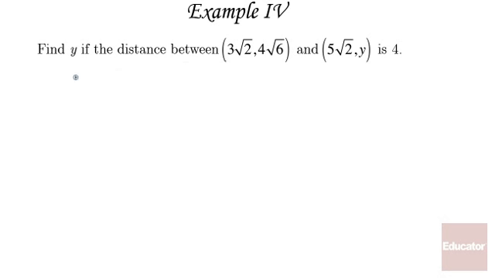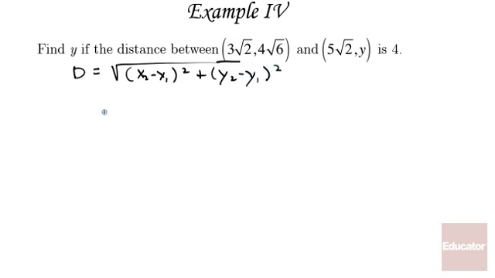Okay, in this problem, we're asked to find y if the distance between these 2 points and these 2 points is 4. So we have a missing coordinate. Using the distance formula, and I'm given the distance 4.